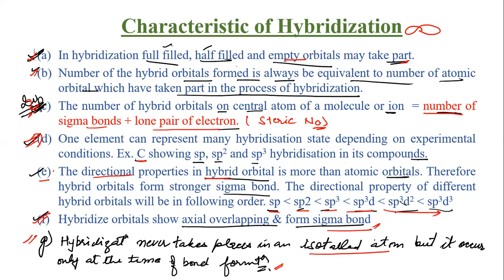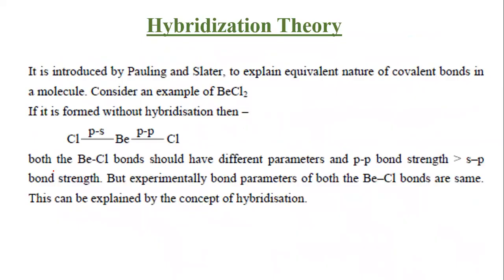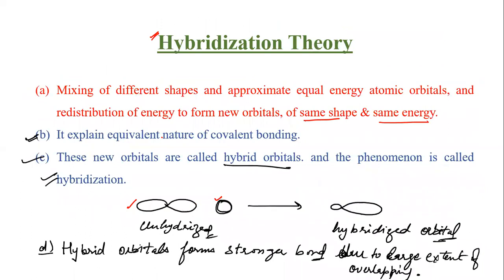Beryllium itself is not going to hybridize all of its atomic orbitals. When beryllium needs to make a bond with chlorine, then only it will form a hybridization. Otherwise, it is not going to do any kind of hybridization.